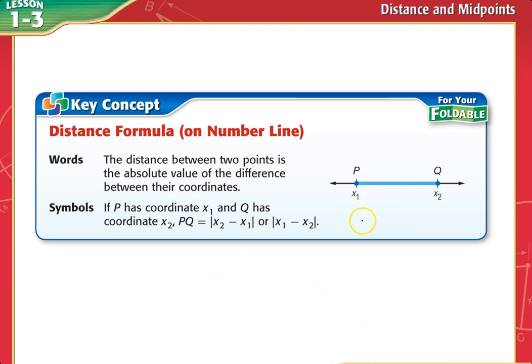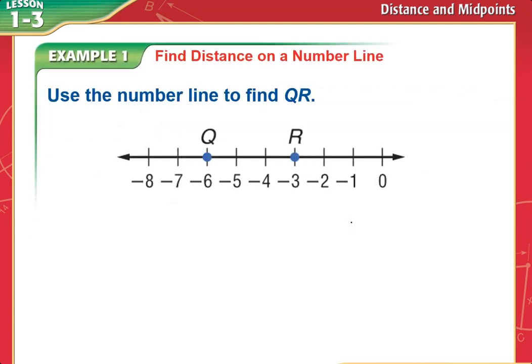So we can show this through an example. So we have Q and R, and we want to find the distance. We actually could count, right? We can say, oh, it's 1, 2, 3, but we could say that it's going to be -3 subtract a -6 absolute value, or we could say it's -6 and we're going to subtract a -3 absolute value.